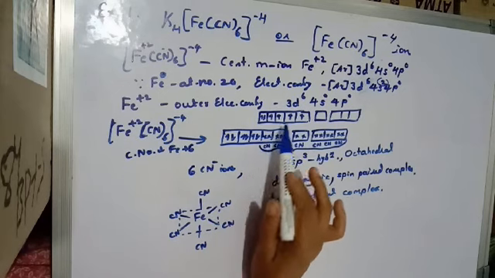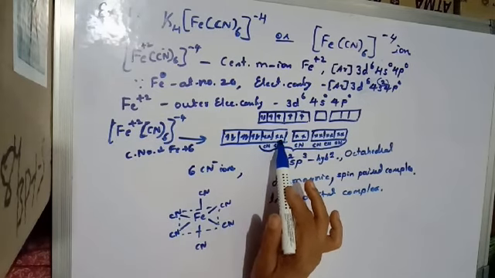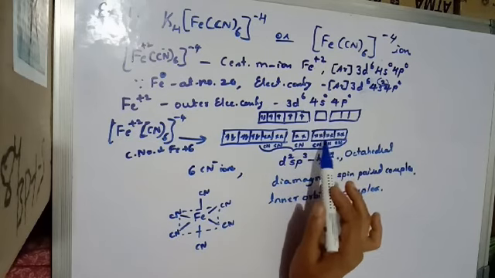So the 6 d electrons are paired like this, thereby making two 3d orbitals empty, and the 4s is already empty and the 4p orbitals are empty.